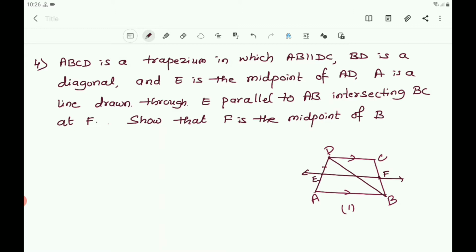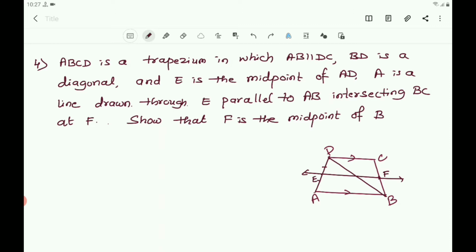Here it is given that ABCD is a trapezium and AB parallel to DC. E is a midpoint of AD and EF is a line drawn from the midpoint E of AD parallel to AB.